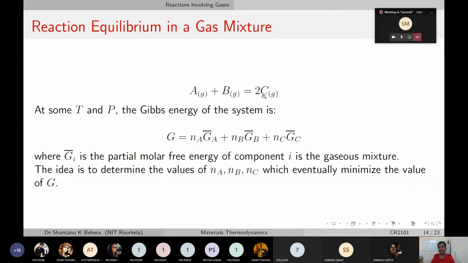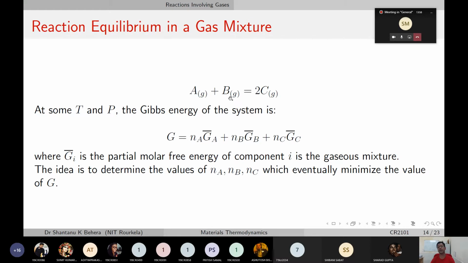So you'll form Nc, and you can find the number of moles of C, because C is formed only from half of A and half of B. That means 1 part A and 1 part B gives 2 parts of C. So at any instance, the total number of moles in the system is always 2, because A and B are disappearing and C is forming with a fixed ratio.